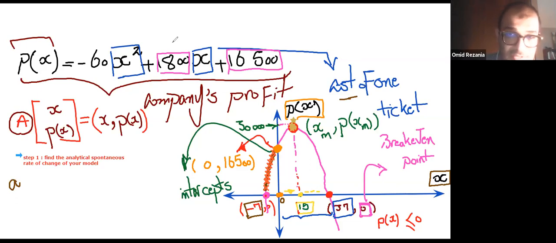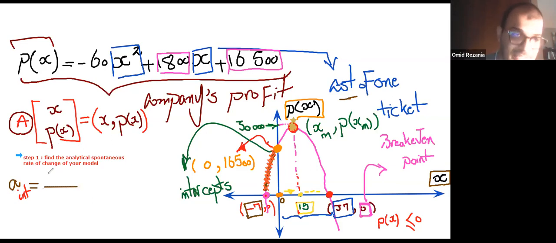We are going to focus on that with this interesting part today. The analytical one, we saw that the spontaneous rate of change is essentially this mathematical representation.